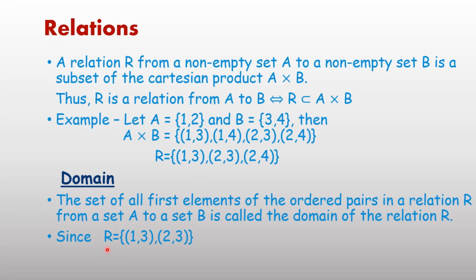Or one example is given here: if R equal to {(1, 3), (2, 3)}, it is also a relation, and here domain equal to collection of first components, 1 and 2. So domain of R is a set which contains the first component of all ordered pairs of a relation. That is domain.